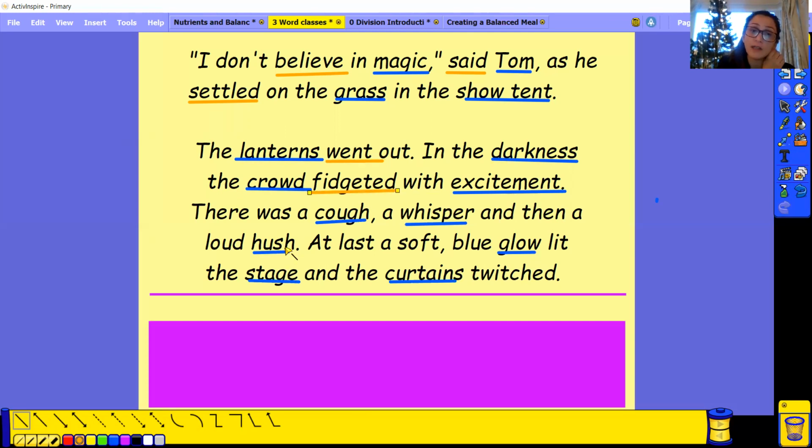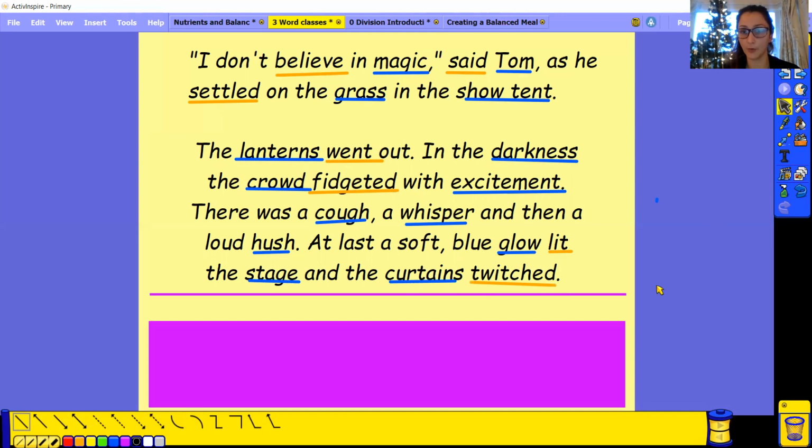There was a cough, a whisper, and then a loud hush. There's none there. At last, a soft blue glow lit the stage and the curtains twitched. So we've got the word lit and we've got the word twitched. Remember, the curtains are moving ever so slightly at the start of the show.